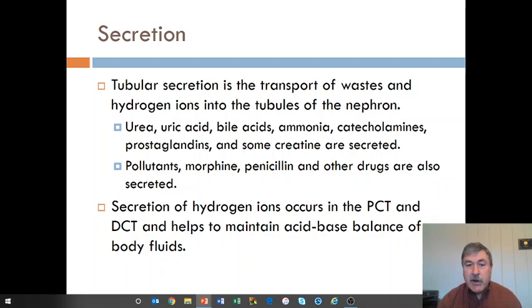So secretion of hydrogen ions in the proximal convoluted tubule and also the distal convoluted tubule help maintain acid-base balance of body fluids. In the proximal convoluted tubule, secretion of hydrogen is obligatory, and it is driven by the concentration gradient of sodium that was produced by those sodium-potassium ATPase pumps in the basolateral membrane.